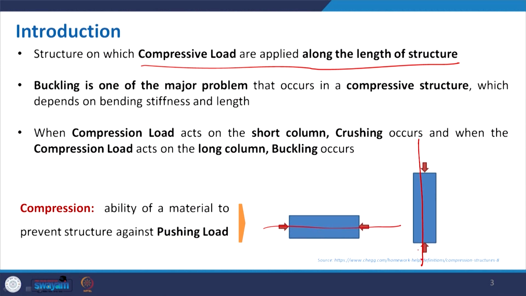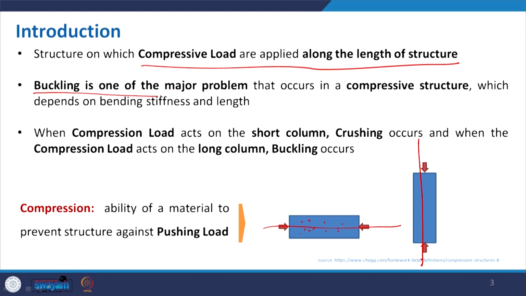In this case, this is the main axis, and the load applied to it gives some compression. If we consider it at the micro level, all these particles are trying to compress and come close to each other. So compression takes place, and in a compressive structure we predominantly see compressive load.